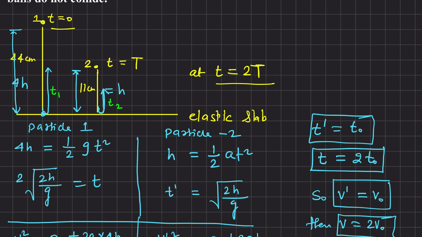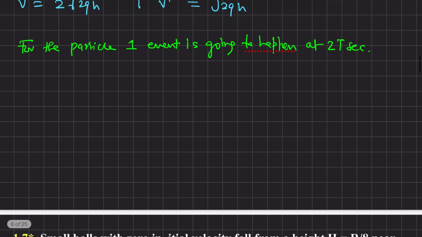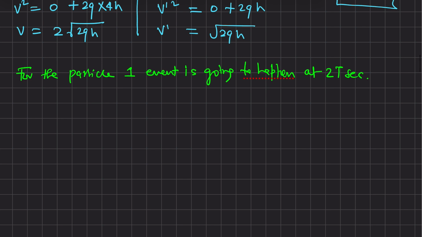Okay, so if you see, for the first particle, we can say 2t naught plus t1 is equal to 2t. If you want to write t or tau, you can write that.